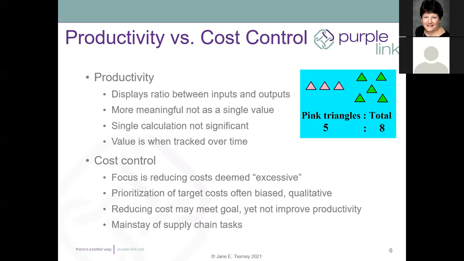So productivity is a different thing than cost control. When we do cost control, we focus on costs that someone deems excessive. So let's go see if we can't get a cost reduction on that part. So either you as a buyer, or the person that's buying it or managing that commodity, says, I think I can get a better price on that. That's a good thing.